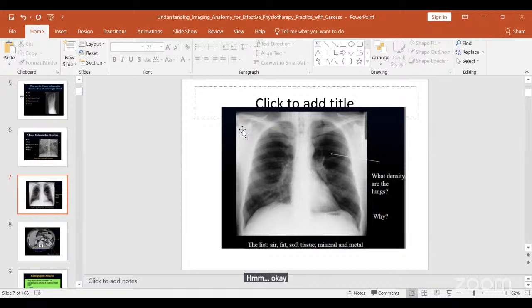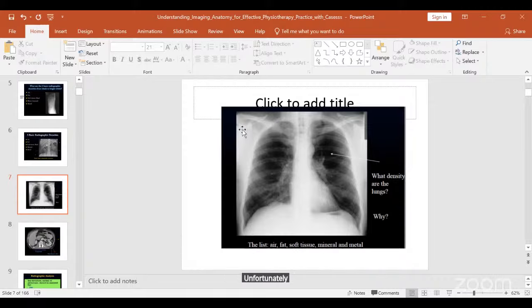Okay. So at least Mubarak has the answer. All right. The heart, compared to other structures in the chest, is a very thick muscular structure. We said earlier on that the factor that determines radio-opacity or radiolucency is the penetrability, the ability of the tissue to allow X-rays to pass through.